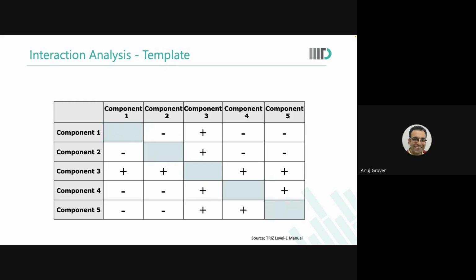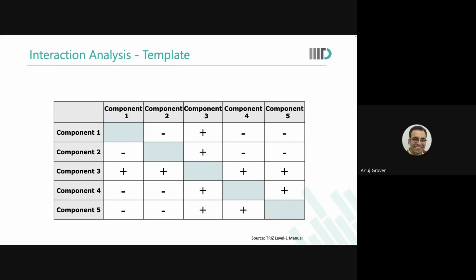How can it not? It will always touch component 1. So the diagonal is shaded, blackened out, whatever. Is that okay? And then if component 1 and component 2 interact, meaning they touch, then I will put a plus sign. If they do not touch, I will put a minus sign. It's as simple.